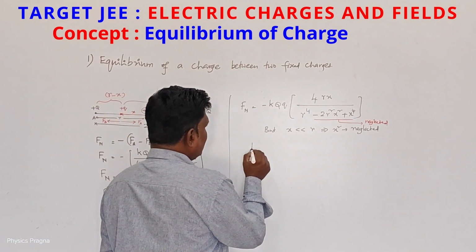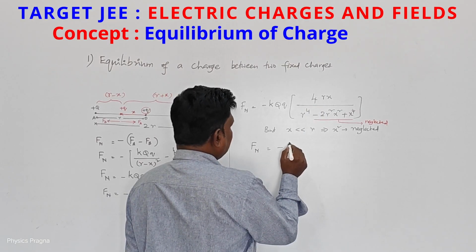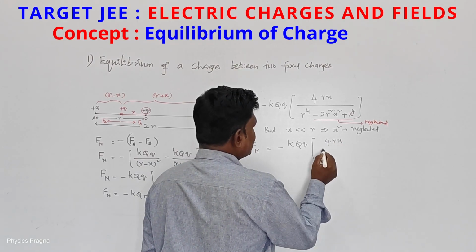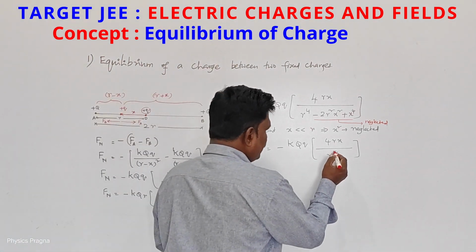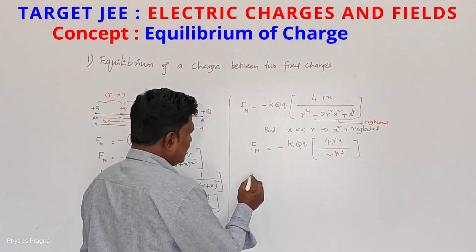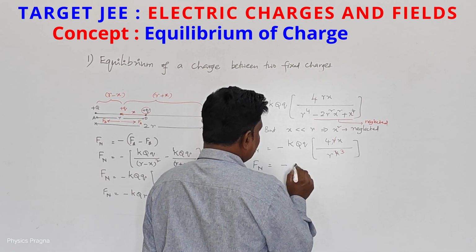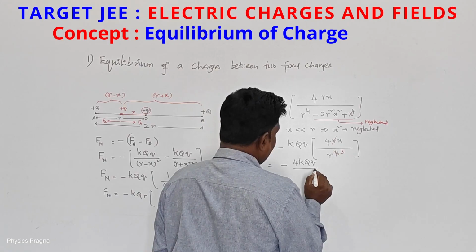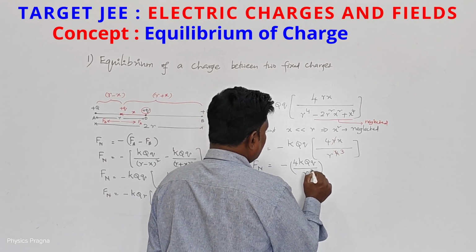Then what do we get? Net force is equal to minus K Q small q within brackets 4rx by r power 4. Here one r will go. So finally, Fn is equal to minus 4K Q small q by r cube into x.